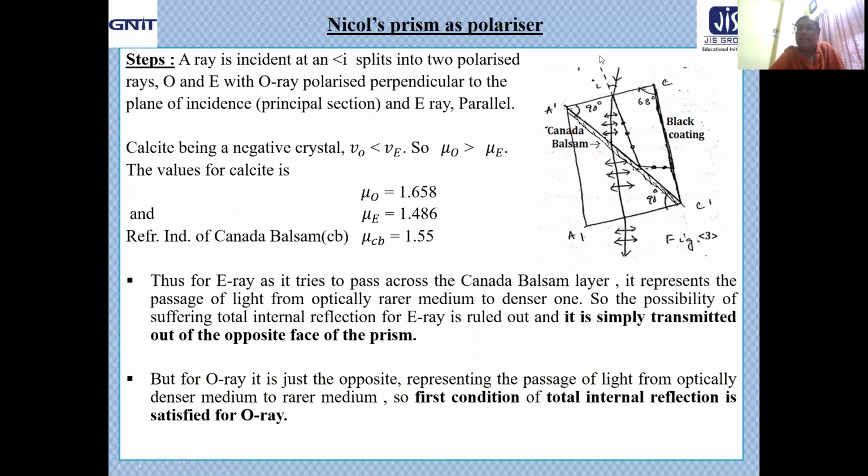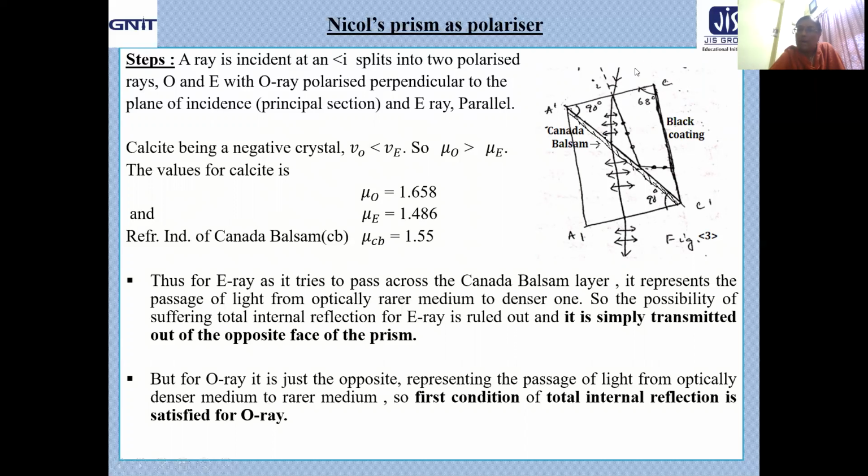Let it be i. This is the normal with respect to this face, so this is the angle of incidence i. Now look here. Inside the crystal, it will be broken up into O ray as well as E ray. We know O ray means the vibrations are perpendicular to the principal section of the crystal, and for E ray, the vibrations are parallel to the principal section of the crystal.